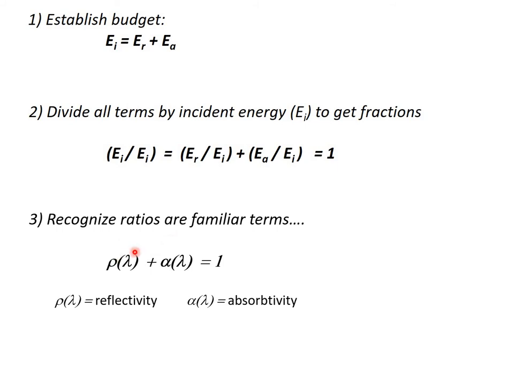Energy either has to be reflected or absorbed, and those two fractions have to add up to 1. In this case, the wavelength subscript here is just denoting we may be considering reflectivity or absorptivity over a narrow range of wavelengths. So we might refer to that as spectral reflectivity or spectral absorptivity. Or we could be considering it over the entire electromagnetic spectrum. But usually we're talking about just some specific subset in the far infrared.